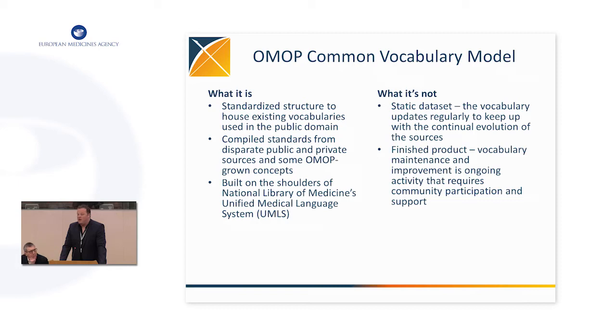So the vocabulary updates regularly, and that's not because we at Odyssey are making changes in the vocabulary, but it's mainly because all those source vocabularies are changing over time as well, and we incorporate those changes in the standardized vocabularies. So it's also not a finished product. It evolves over time, also based on input from our community.